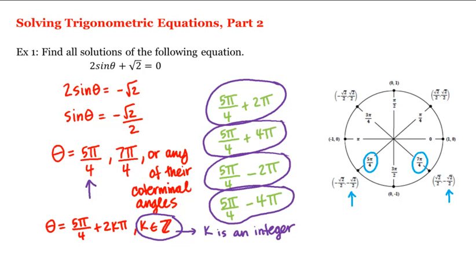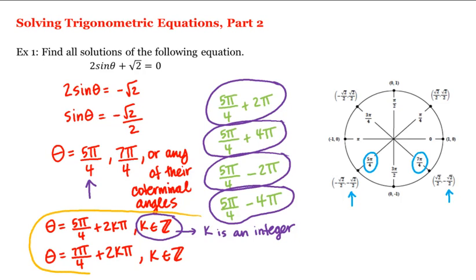And we also have that 7 pi over 4 and any of its coterminal angles also have sine equal to negative root 2 over 2. So theta is also equal to 7 pi divided by 4 plus 2k pi, where k is an integer. So any of these angles here will satisfy our equation, so these would be our answers.